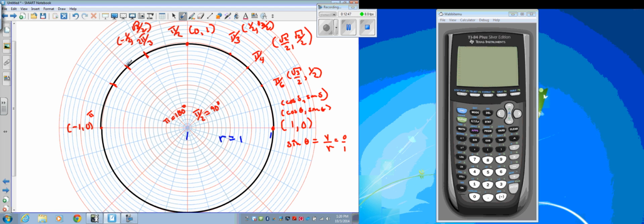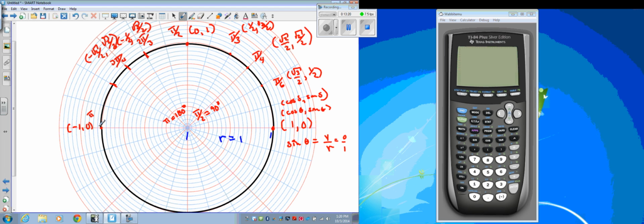And then when you get back here, this is pi over 4, 2 pi over 4, 3 pi over 4, right? When the cosine is negative square root of 2 over 2, and square root of 2 over 2 for sine. When you get here, what do you have? This is pi over 6.